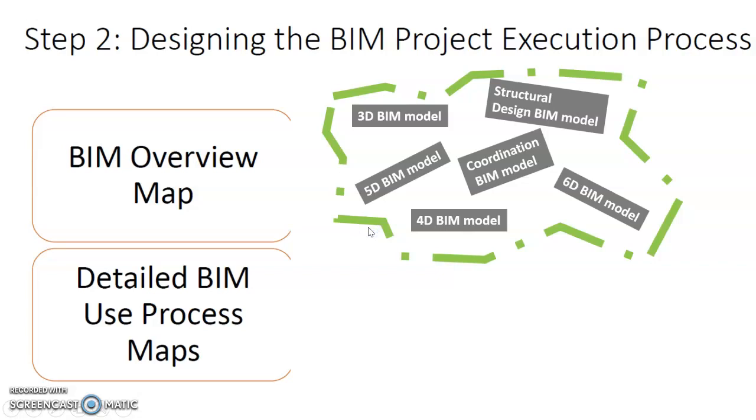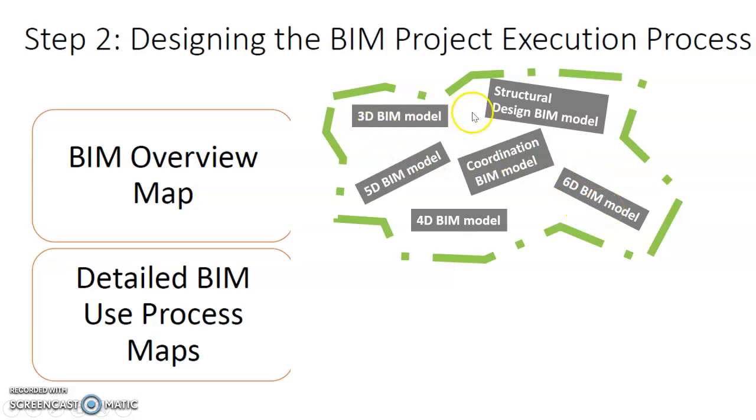So maybe the project team has identified that in order to achieve the different project BIM goals, they need to have, among other models, a 3D BIM model for a particular set of uses, a 5D BIM model for another specific type of use, the structural design BIM model, the coordination BIM model, the 4D BIM model, or the 6D BIM model.